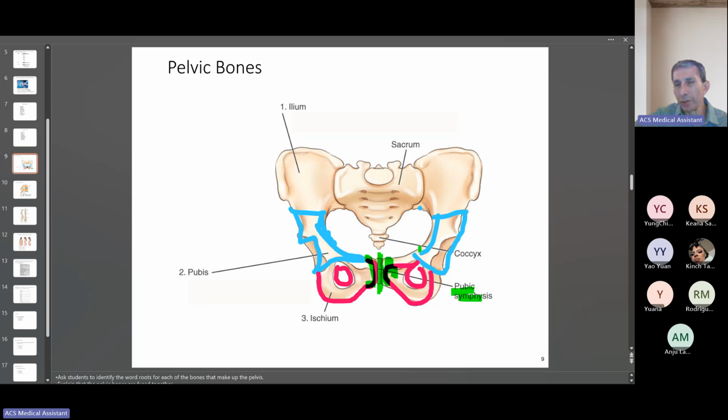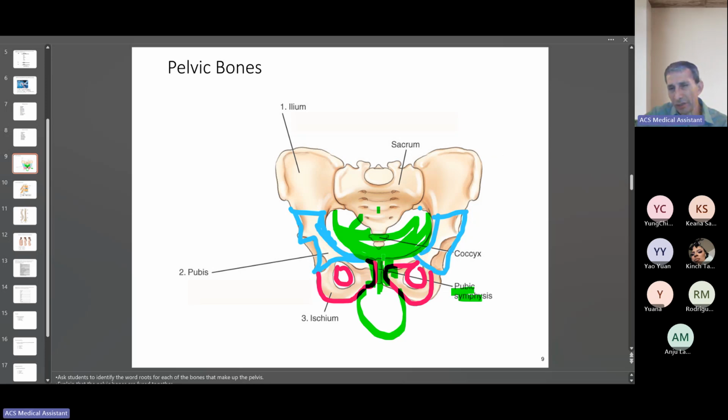This is very important for females when they are pregnant. When they are delivering the baby, this stretches because it's cartilage, so the baby can come out through this side.